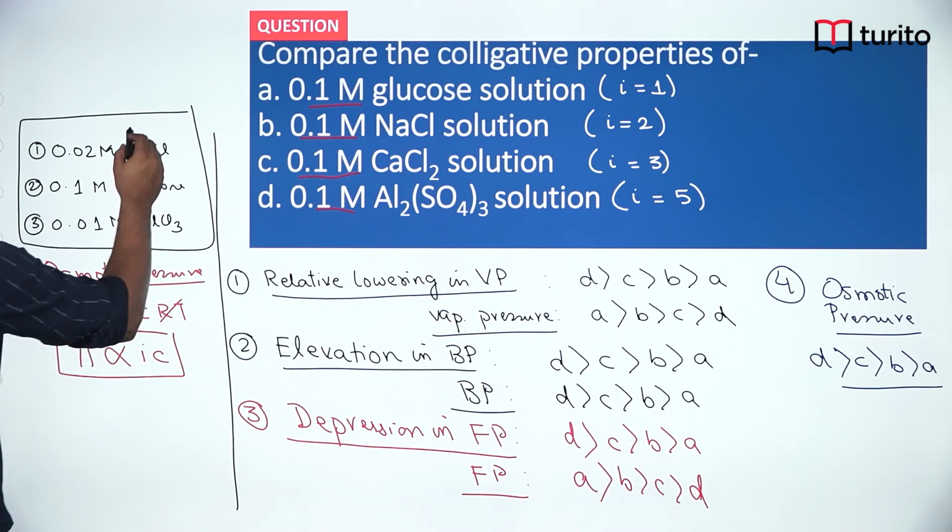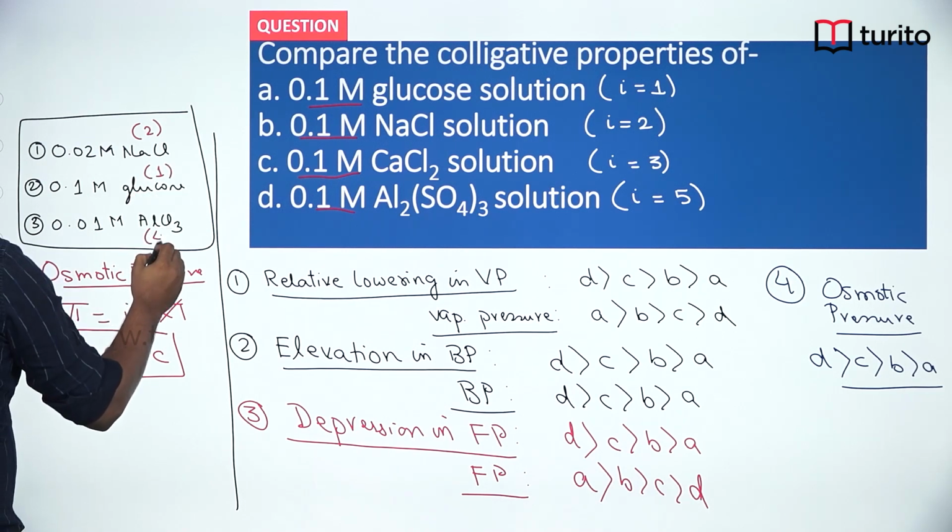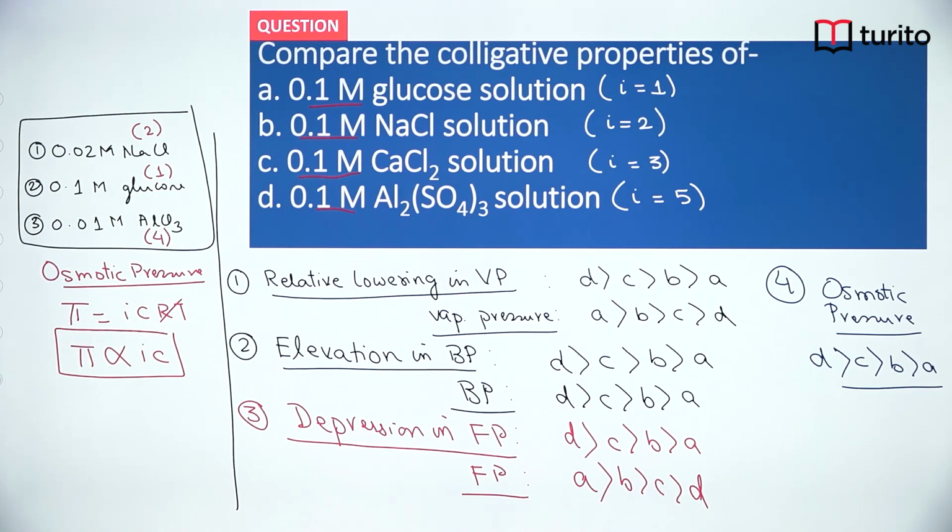The Van't Hoff factor of NaCl is 2, for glucose it is 1, for aluminum chloride it is 4. If you multiply i into C, this comes out to be 0.04, this 0.1, and this 0.04. So you can see that in the second case the product of i into C is maximum. So the osmotic pressure of solution 2 would be maximum, and 1 and 3 would be equal.